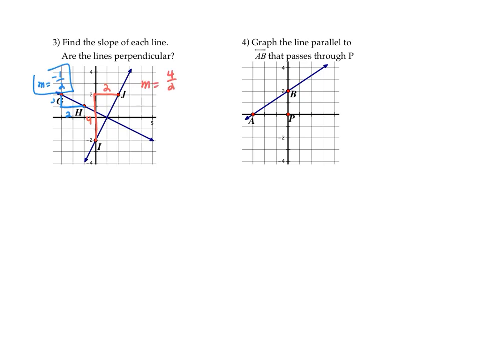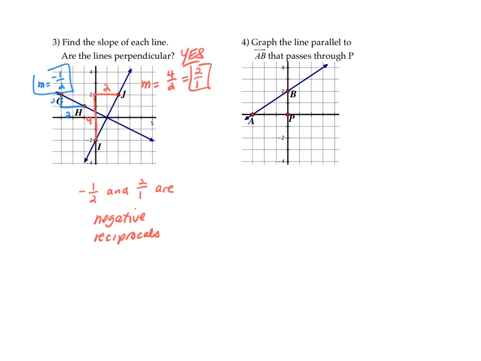Right now they don't look like they're reciprocals, but if you reduce 4 over 2, it simplifies to 2 over 1. And negative 1/2 and 2 over 1 are negative reciprocals. So are the lines perpendicular? Yes, they are.